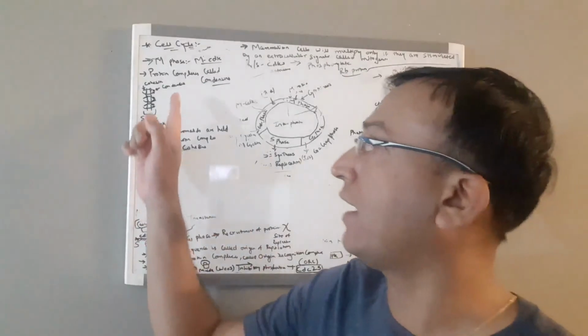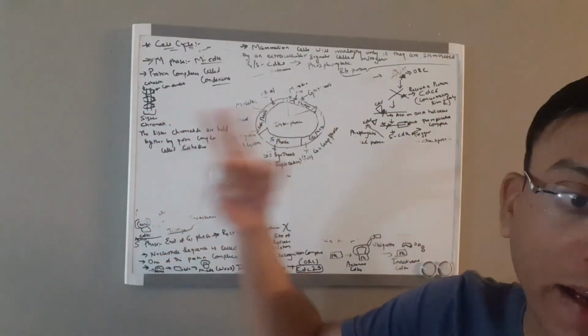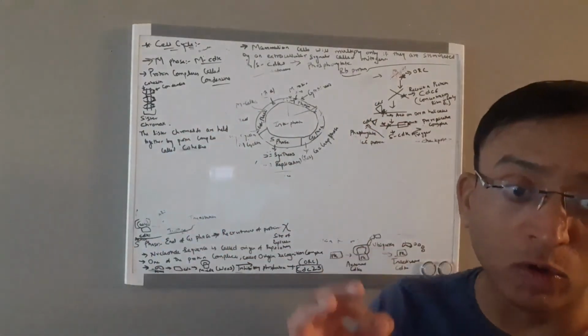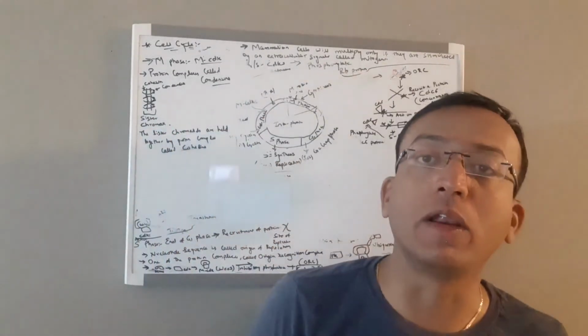And defects in any of this sister chromatid cohesion lead to major errors in chromosome segregation. So in humans, such missegregation can lead to an abnormal number of chromosomes.